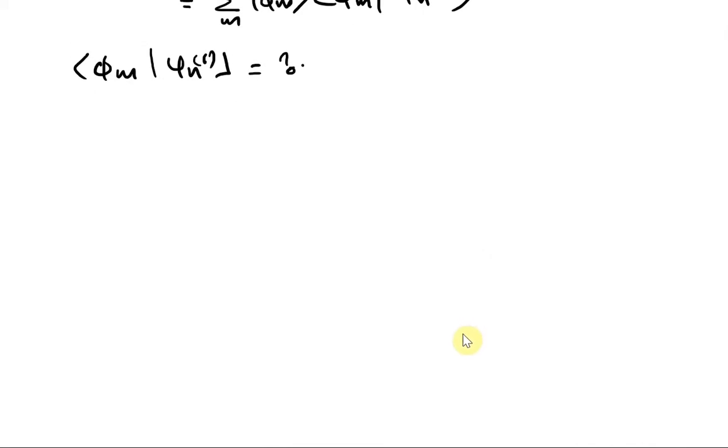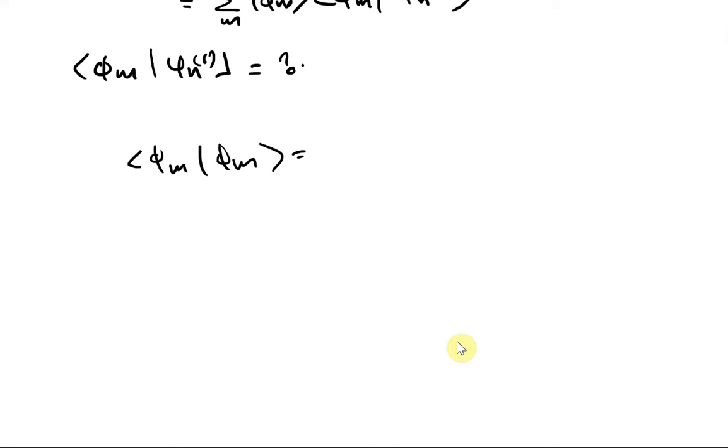We know one thing about the definition of φm, that is our initial definition. If you take the product ⟨φm|φn⟩, what will it produce?